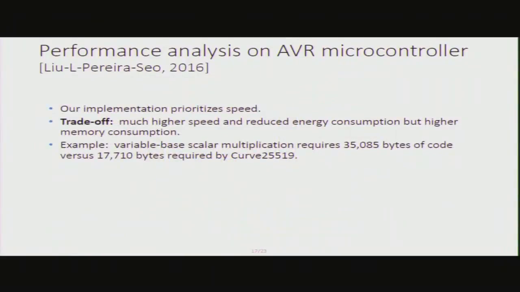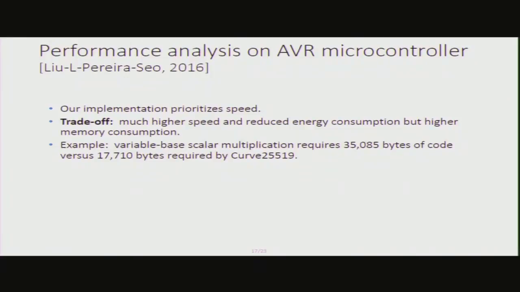Now, our implementation, as I'm showing, prioritizes speed and also low power consumption. So there is a trade-off, of course. We have higher memory consumption, and this is shown as an example here. Our variable basis scalar multiplication requires almost twice the memory size for code compared with the Curve25519 implementation.